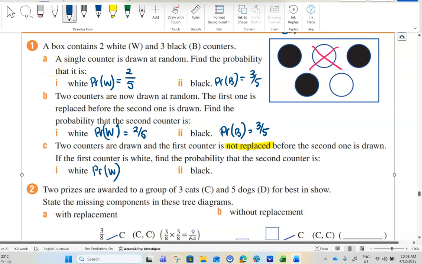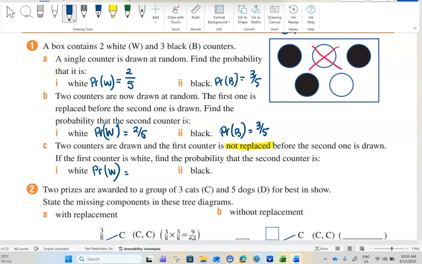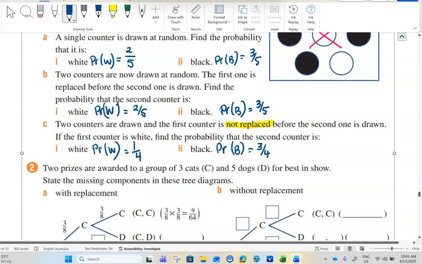So what's the probability of white in my bag now? 1 out of what? There's only 4 there now, isn't there? So we would say 1 out of 4. So what about the probability that it's black? It's still 3, but it's out of 4. So that's how we can see there's a difference. If they say it's not replaced, we have to make sure we're careful.